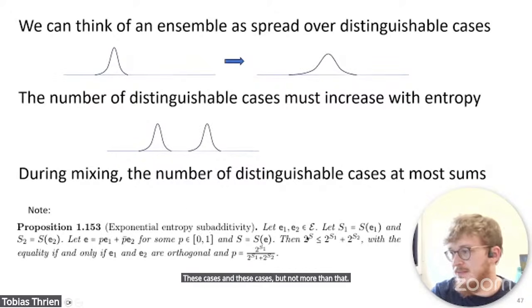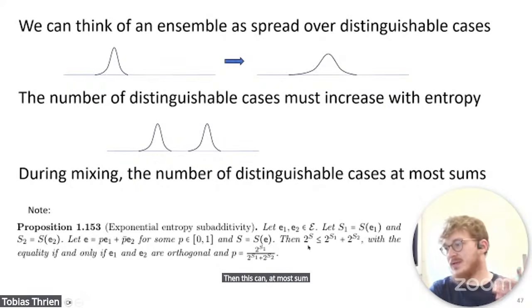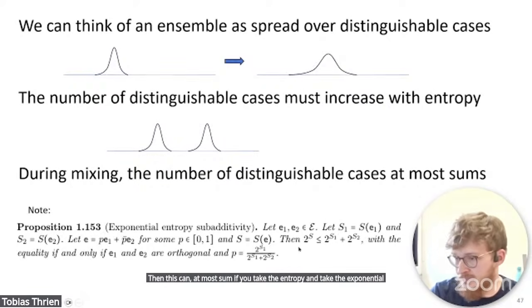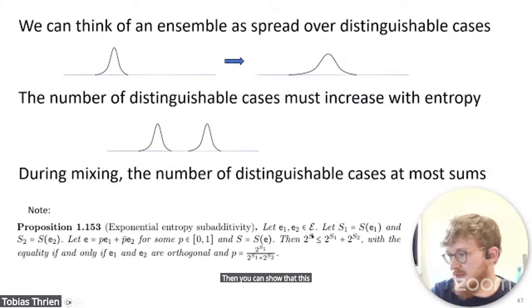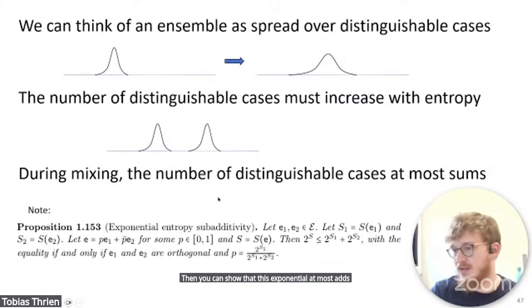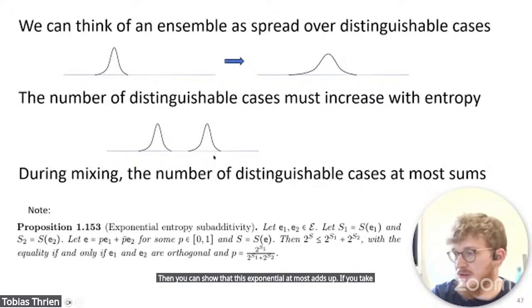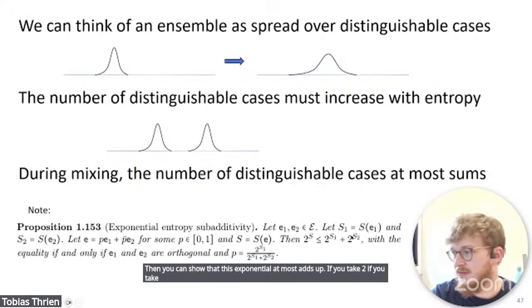So if we want to measure basically how many cases I have, then these can at most sum. If you take the entropy and take the exponential, then you can show that this exponential at most adds up if you take two different ensembles.